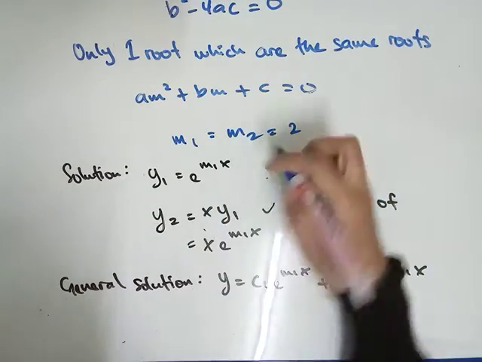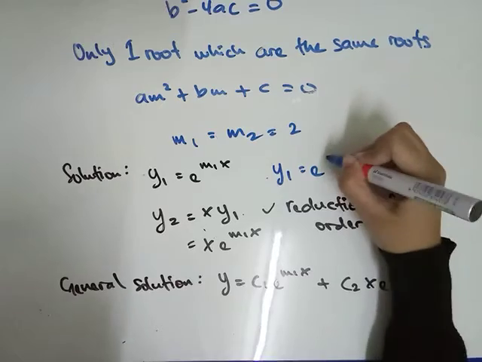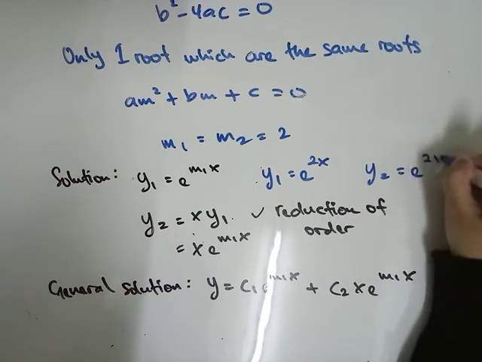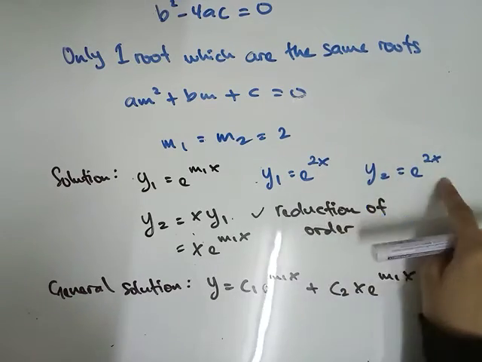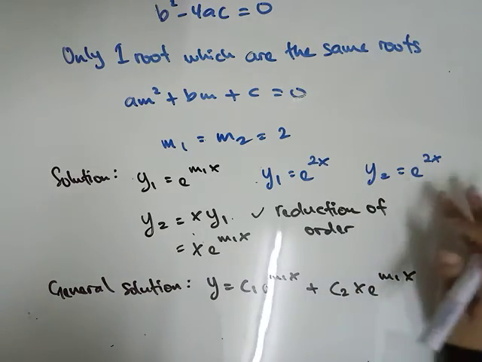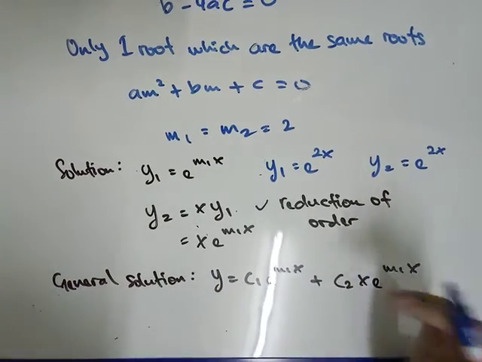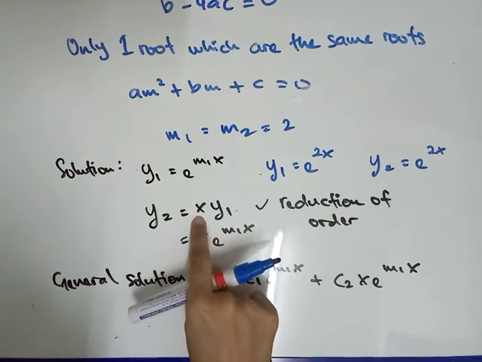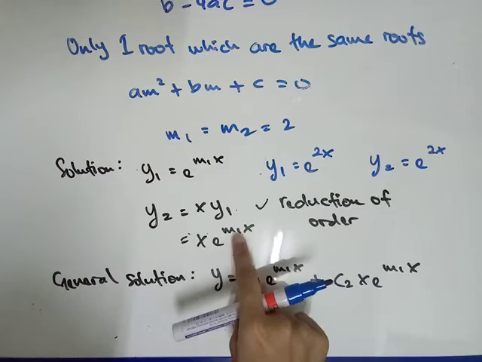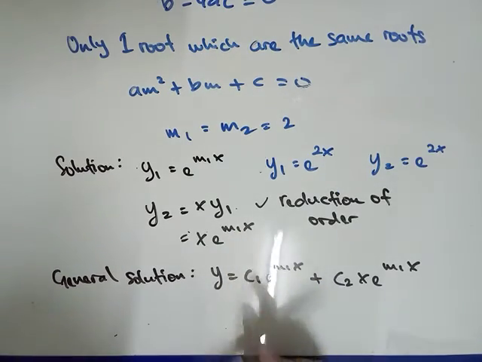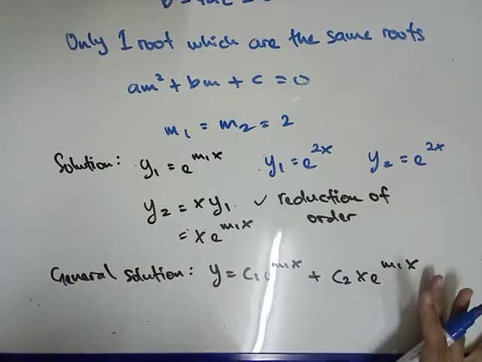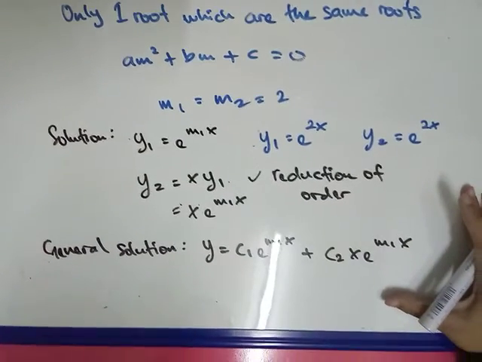Then we substitute: y1 equals exponent 2x, and y2 also gives exponent 2x. We don't want them the same. If they are the same, that's not the solution. So we need to do a reduction of order: multiply y1 with x, so it becomes x exponent m1x, so the difference is visible. This is the way to settle case 2. Alright.